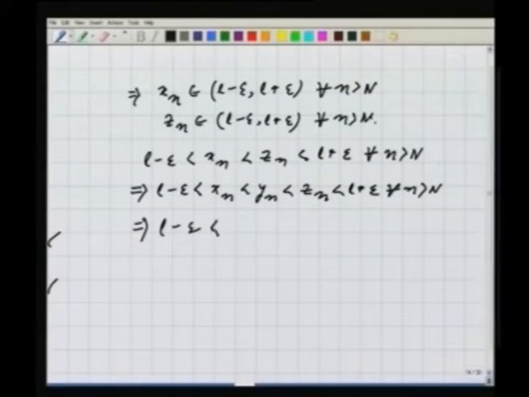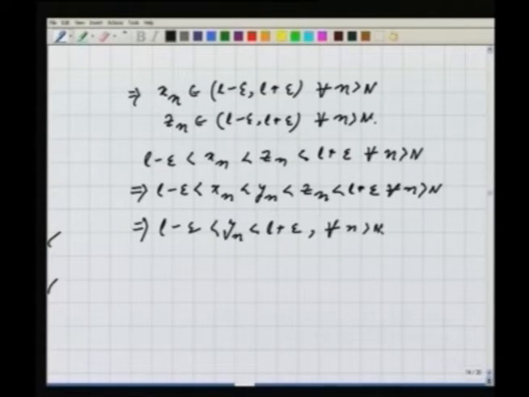What do I get if I concentrate just on yn? Well, I get that L minus epsilon is less than yn, which is less than L plus epsilon for all n strictly bigger than N. Well, I know that epsilon bigger than 0 was chosen in an arbitrary fashion.